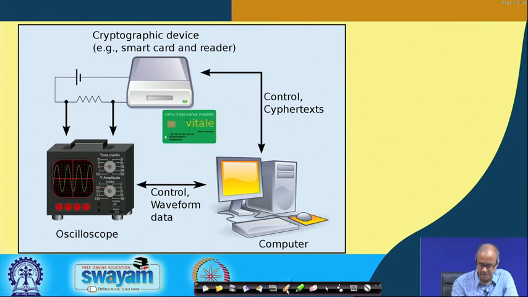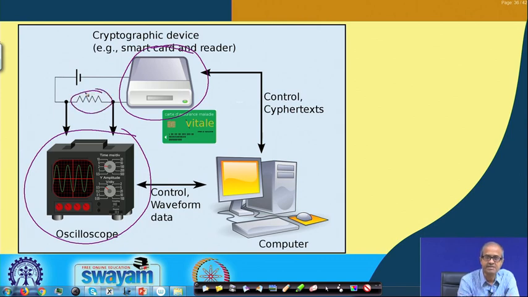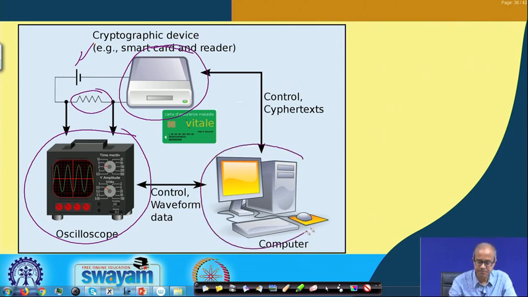This is in slightly more detail, where you see a storage oscilloscope here, and an actual smart card reader here, where a small resistance is connected in series, just as I said, to the battery, and there is a computer system which controls this device, the smart card reader.